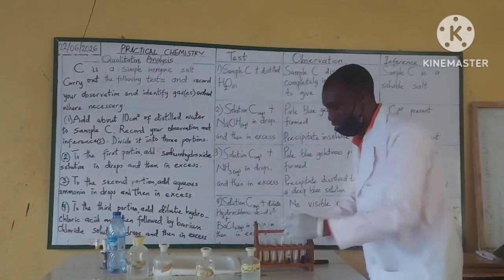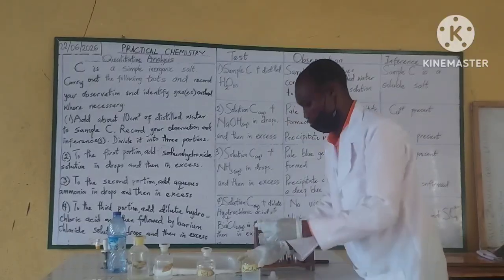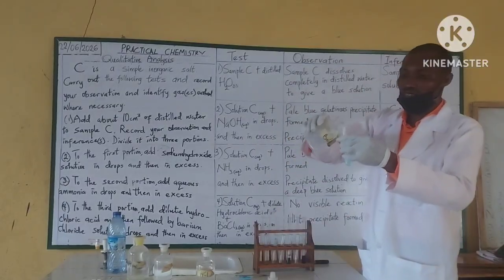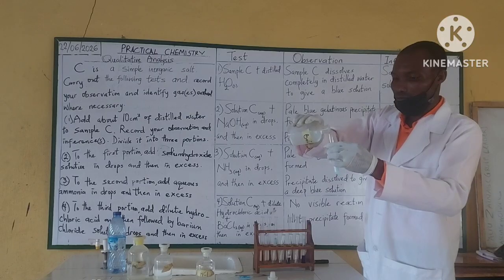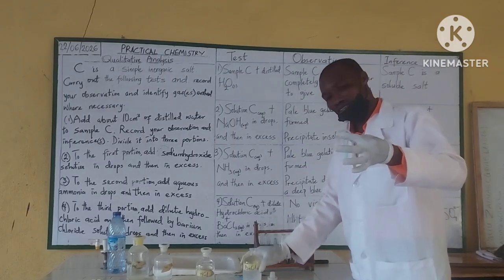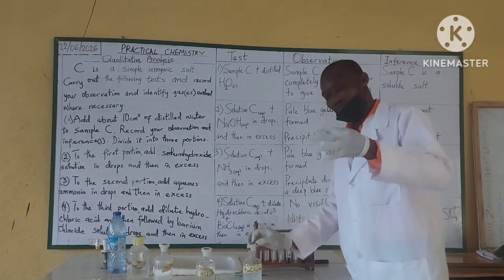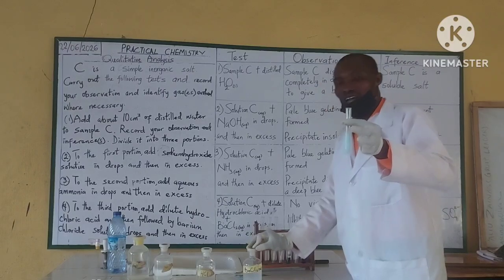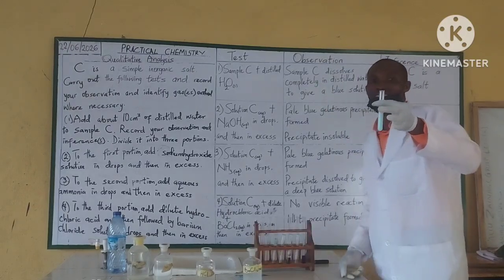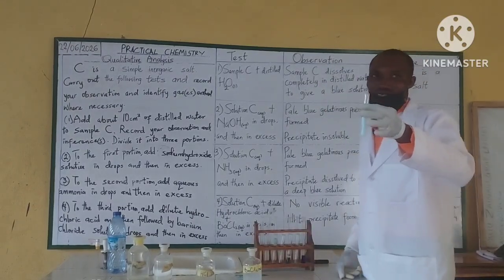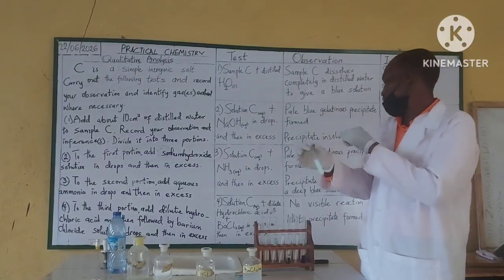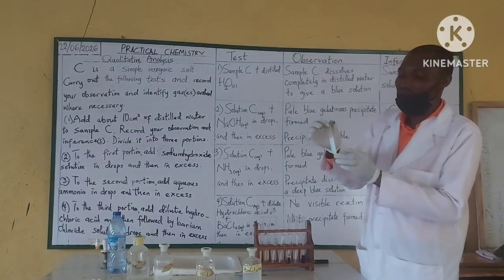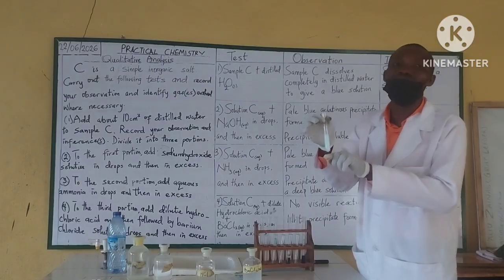Let's now see what happened in excess of barium chloride. You can see, in this excess, we still have our white precipitate remain. You say white precipitate insoluble in excess of barium chloride, or white precipitate remains.